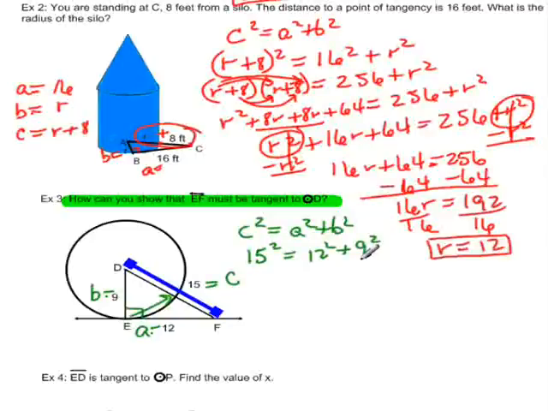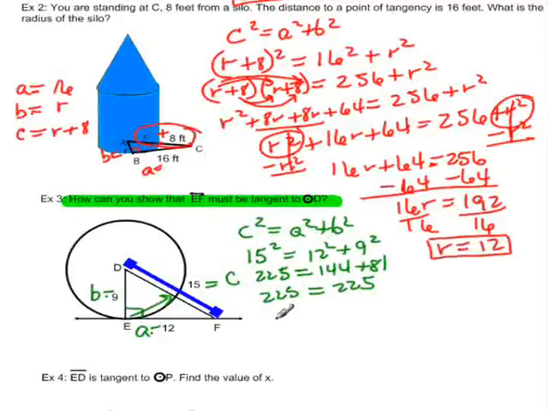Now I'm going to pause and let you finish this. Okay, so since 15 squared is 225, and 12 squared is 144, and 9 squared is 81, 144 plus 81 is 225.